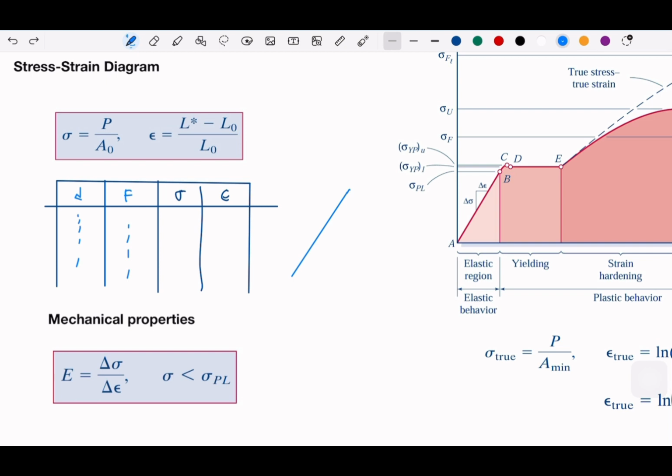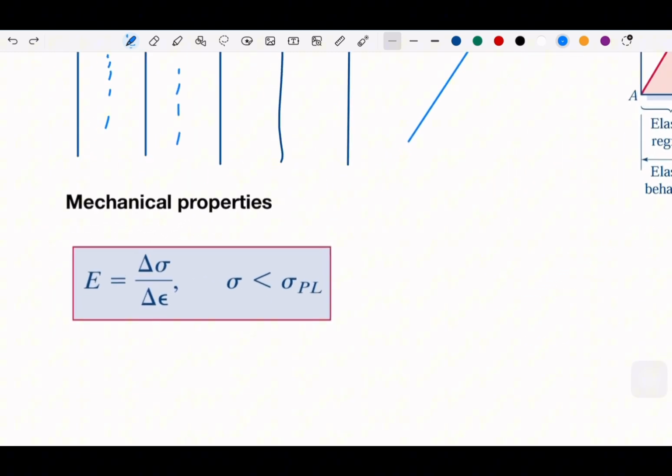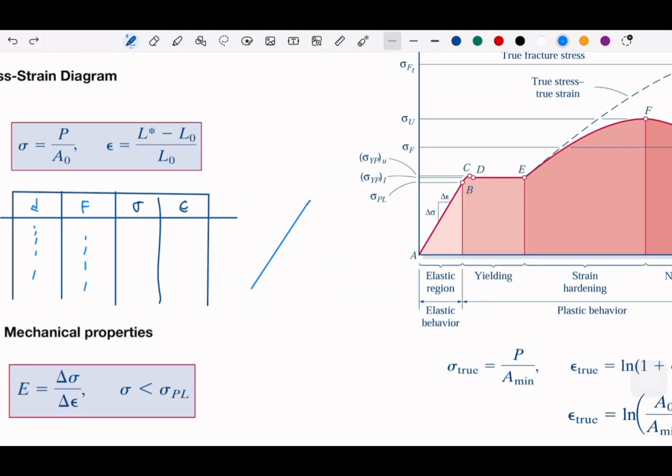This is the elastic region, so this is where we get the E. So let me write here that this is when the E happens: modulus of elasticity, or Young's modulus.